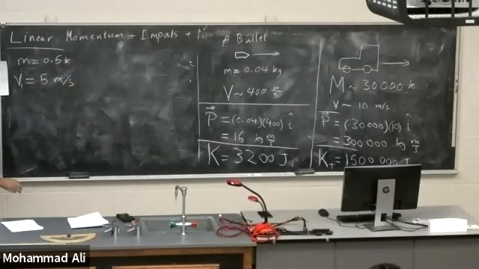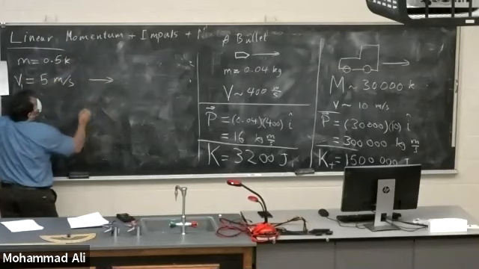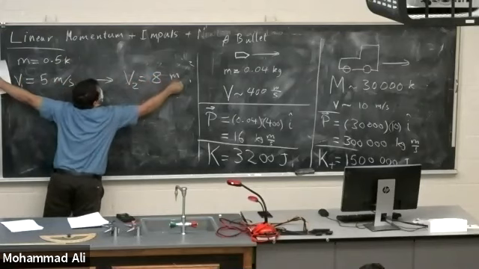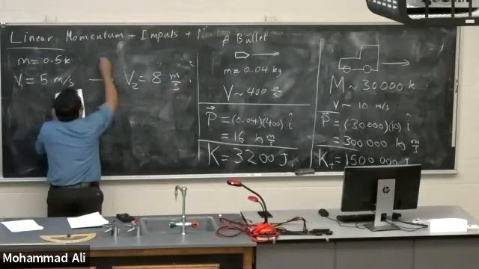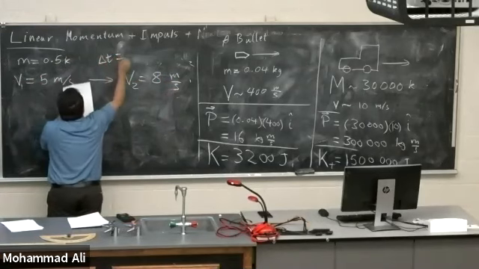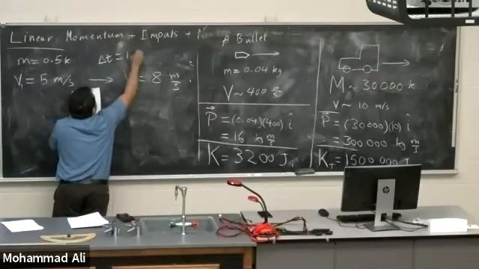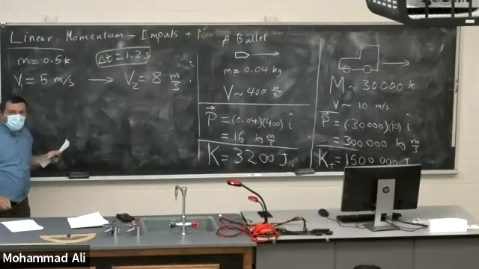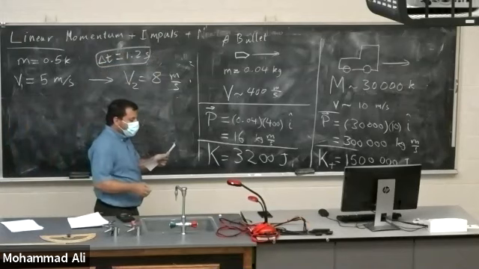Now, one of us kicked it, and its velocity later, v2, is equal to 8 meters per second, during a time delta t equal to 1.2 seconds. He's still pushing it for 1.2 seconds.